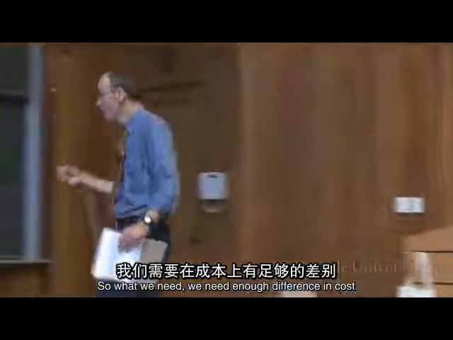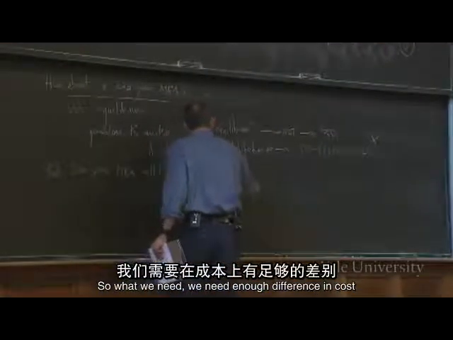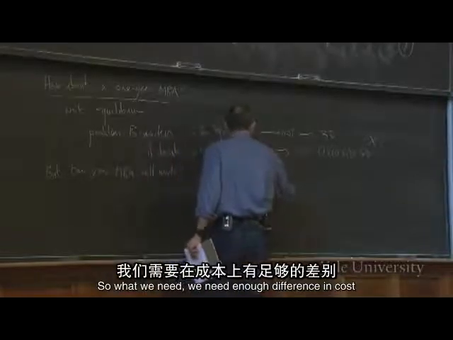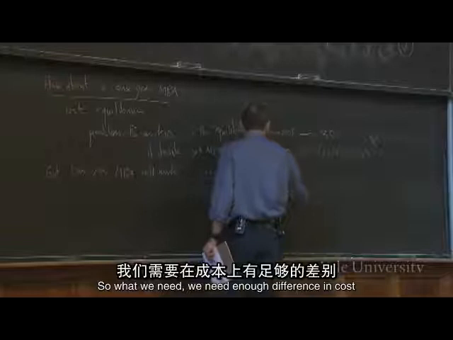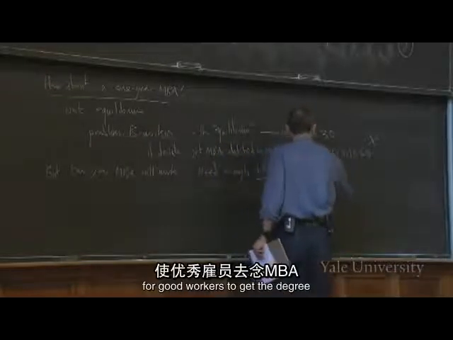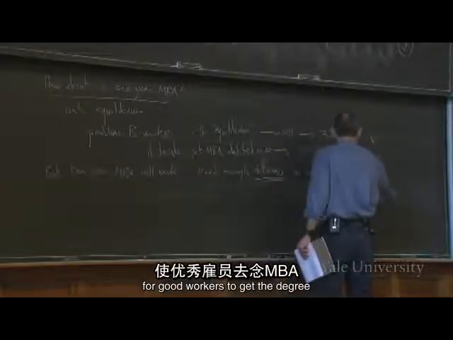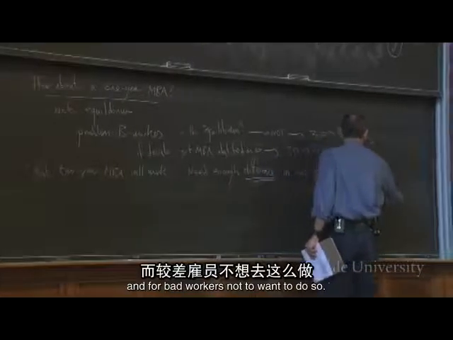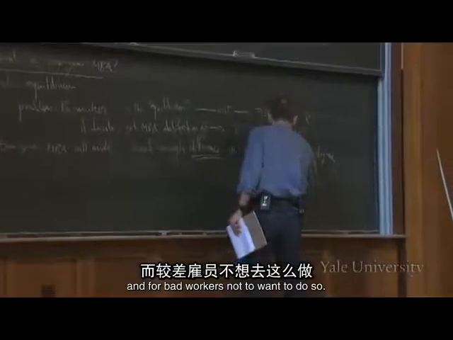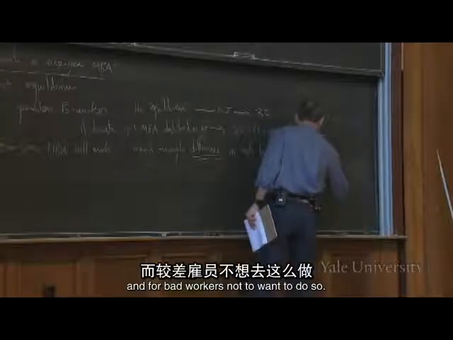So what we need is enough difference in cost for good workers to get the degree, and for bad workers not to want to do so.